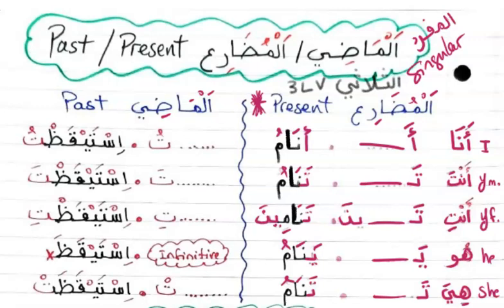Right now here we have استيقظ for wake up, and we are conjugating the verb استيقظ, wake up, in the past.